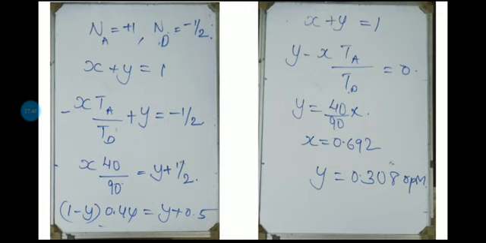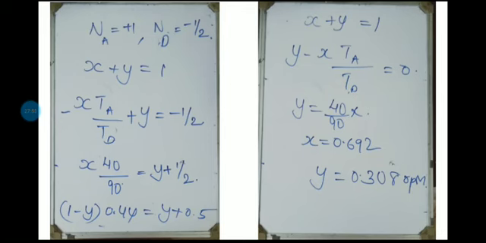For the first case, I didn't write it here, you just substitute this one. I will provide that later in the group. Second case, the answer for y you will get as 0.308 rpm.